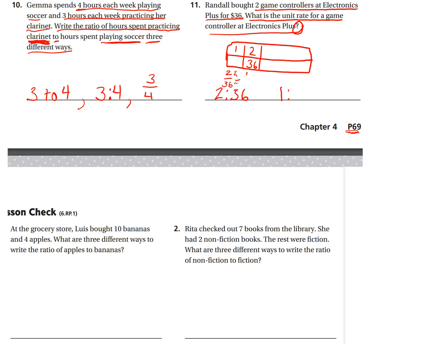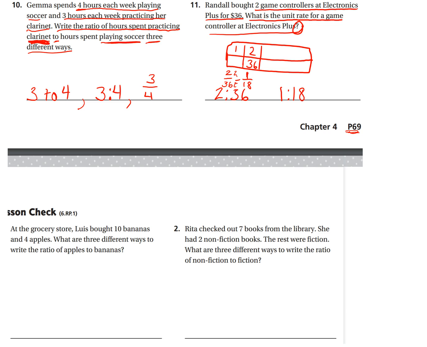We divide the numerator and the denominator by 2, and we'll get into a unit fraction. So 36 divided by 2, that's going to be 18. So 1 to 18. So what is the unit rate for a game controller Electronics Plus? 1 game controller for every $18, or $18 for every 1 game controller.